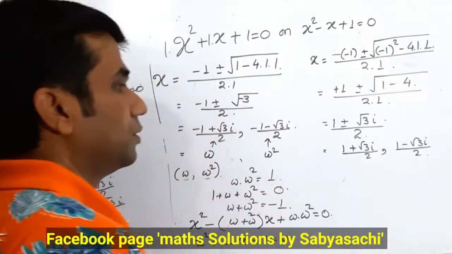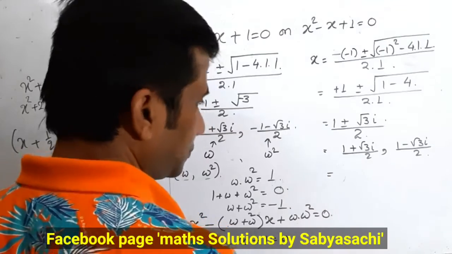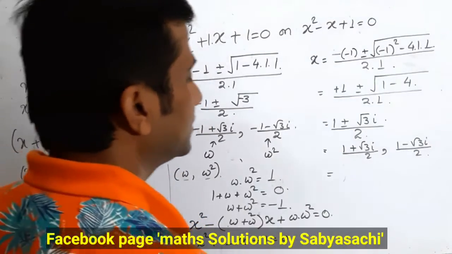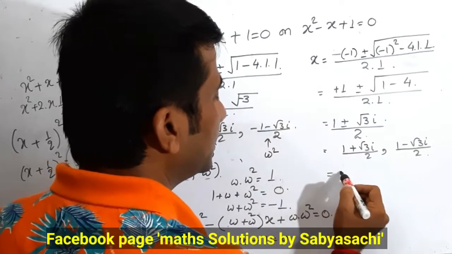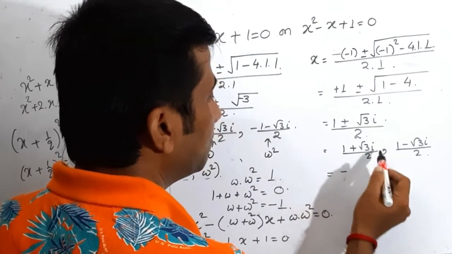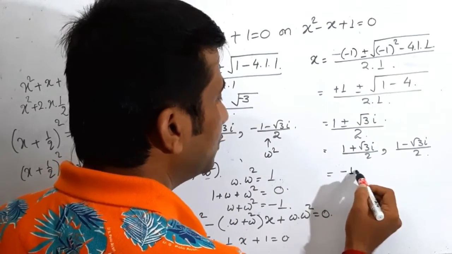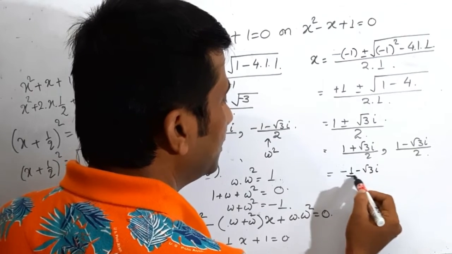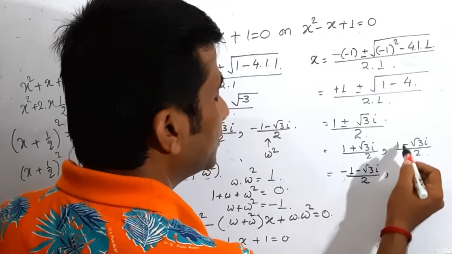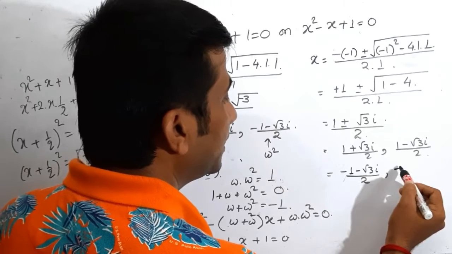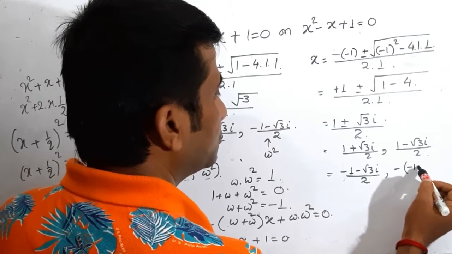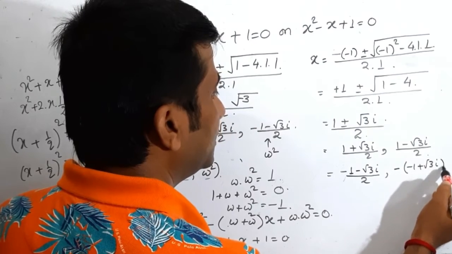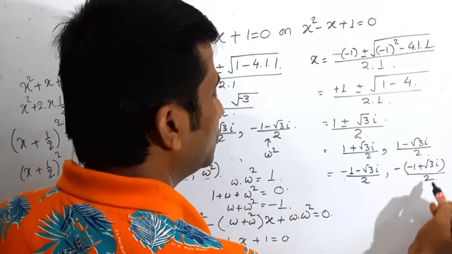Now taking minus or multiplying by minus 1, we get minus 1 minus root 3i by 2, and taking minus as common we get minus 1 plus root 3i by 2.